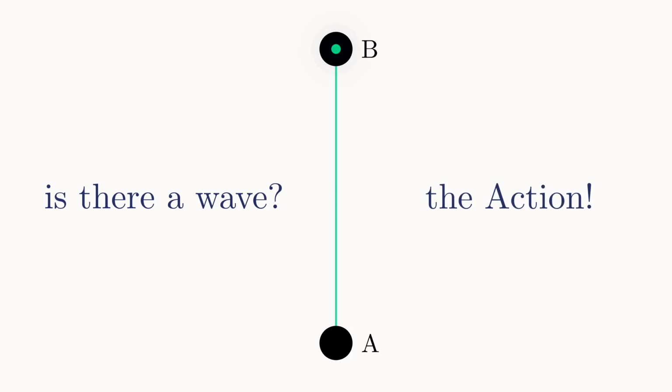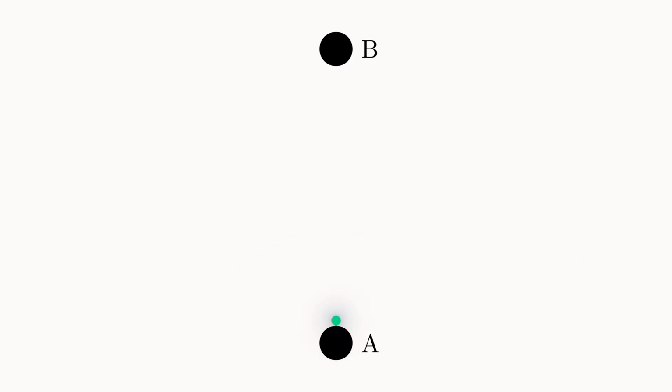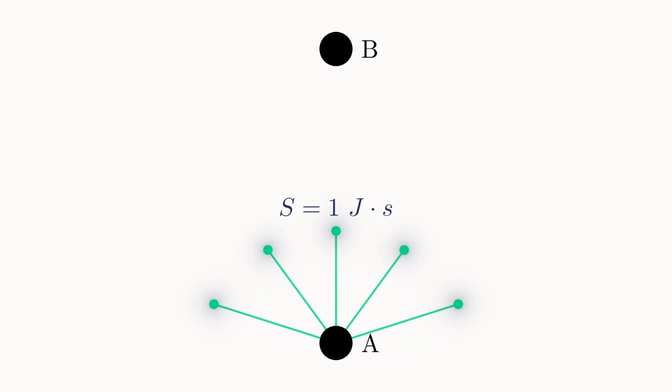Just as optical wavefronts were surfaces of constant time, we can formulate a wavefront that consists of surfaces of constant action. That is, all points that have the same value of action at a specific moment in time. So if the particle's motion to this point coincides with 1 unit of action, there will also be a whole range of points that the particle could have moved to that would have resulted in the same amount of action.